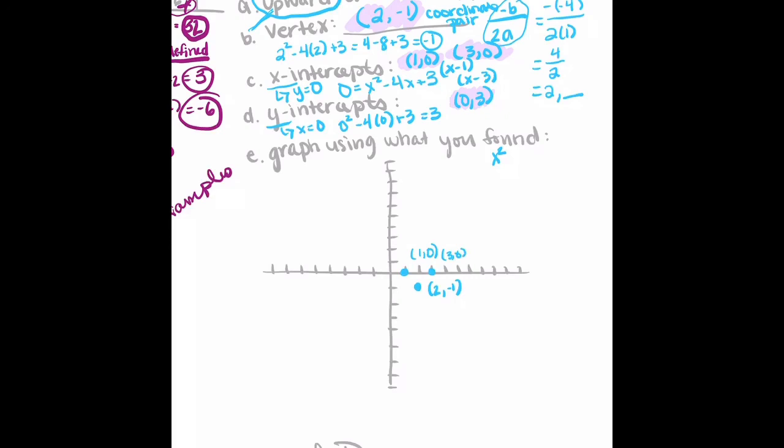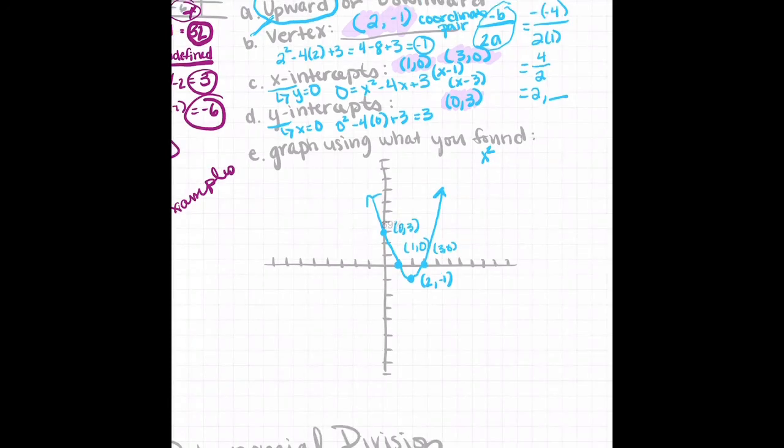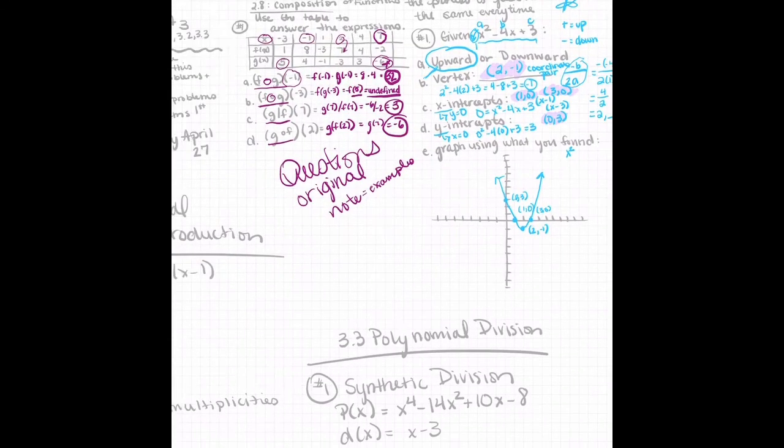And we have our y-intercept at 0 comma 3. So we know, because it's an upward facing parabola, it's going to look something like this. Okay. So you're going to do the same things for number 2 and 3 for 3.1 that I'm sending you.